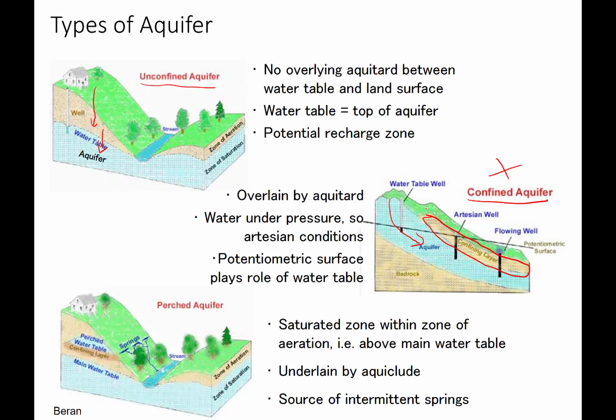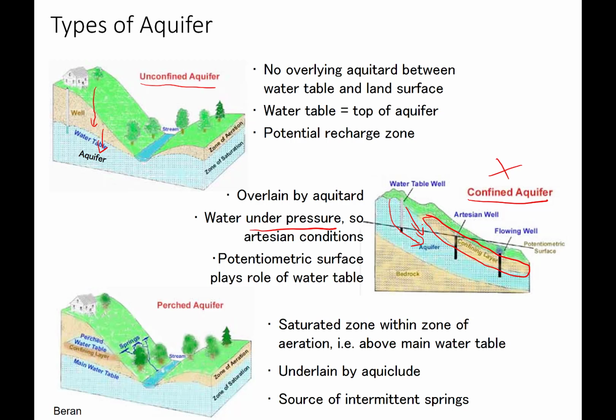And so the difference with an aquifer in a confined situation compared to unconfined is because it's confined, this water is under pressure. So when you put your well in, oftentimes the water will come out at a very fast rate because you have the pressure of all this water above it weighing down on it.